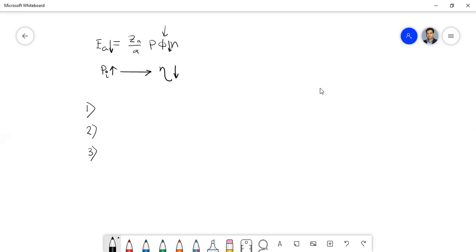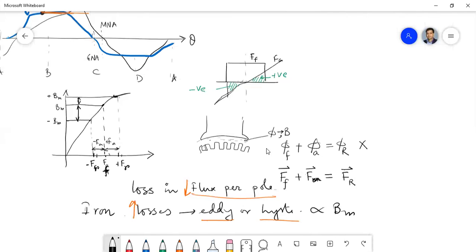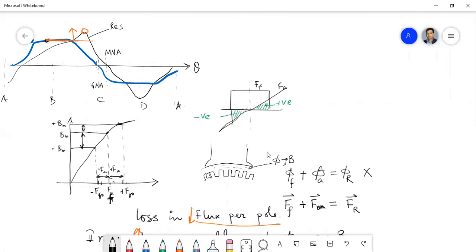Generally we place our brush in the geometric neutral, thinking that the magnetic neutral will be at that point. So if now we have some flux over there, this flux will give some rotational voltage at the commutation zone.